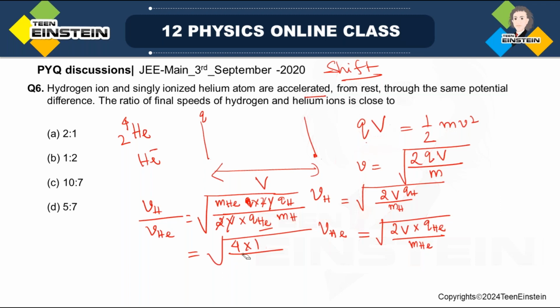This charge also will be 1 only, because it is singly ionized, the same charge as hydrogen. So Q helium is the same as QH. Then this is 1, so you will get 2:1. So the first option will be the correct answer for this question.